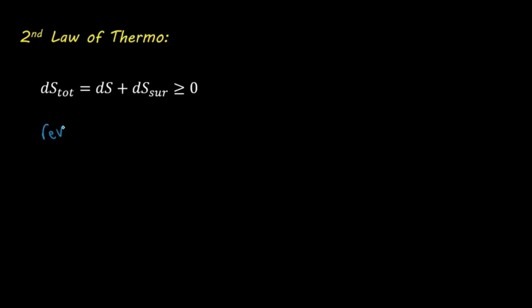Well, you might have guessed why we have this equal to or greater than sign, because for a reversible process, the equality sign applies. So the change in entropy of the system plus the change in entropy of the surroundings, infinitesimal change, is equal to 0.